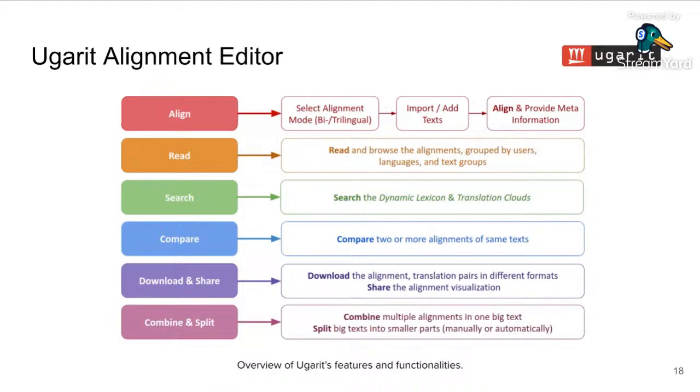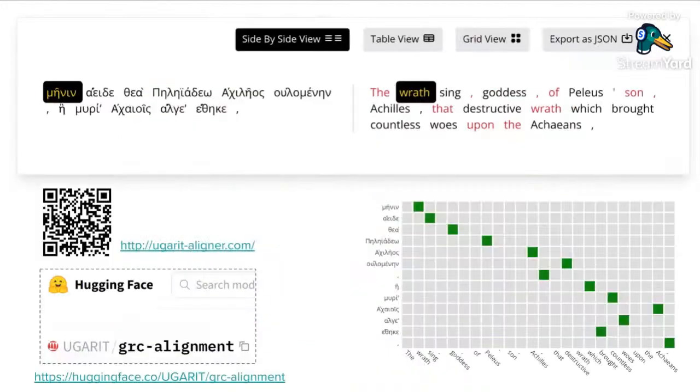So today I'm going to mostly cover the alignment editor for manual alignment, but if you want to check out the current feature of the transformer-based automatic alignment model, I have provided a QR code and an address to the demo that we have. And if you're a bit more computer savvy, you can also test the automatic alignment model by downloading it from Hugging Face.